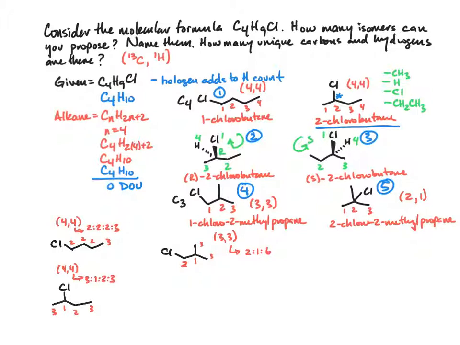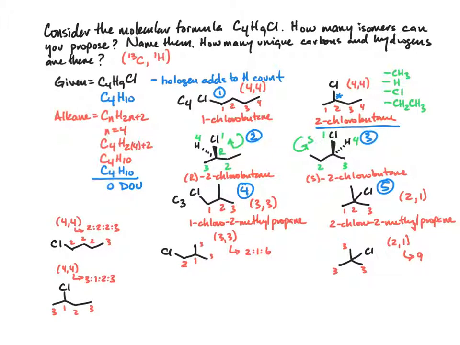Because the 2 methyl groups are equivalent, we're going to count them as such. And then lastly, the 2-chloro-2-methylpropane. We said there were 2 unique types of carbon and only 1 type of hydrogen. So if we count these methyl groups, 3, 3, and 3 are all equivalent. So this is going to be a singlet that integrates to 9 hydrogens.